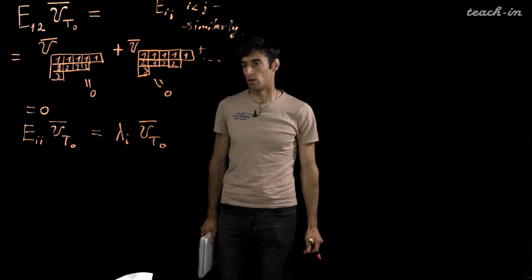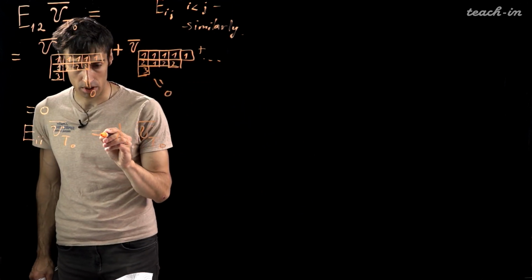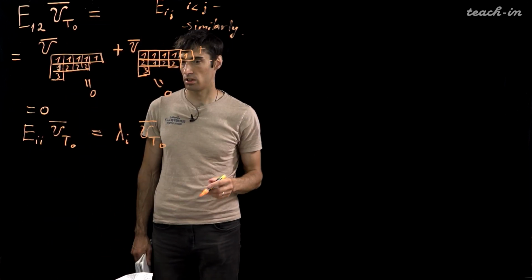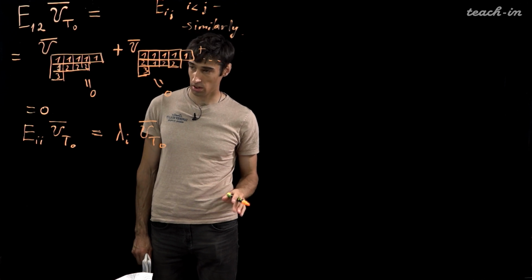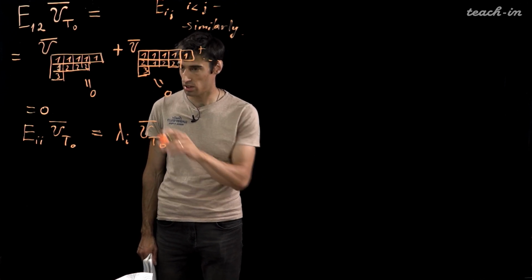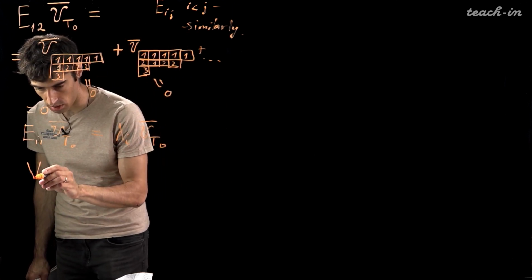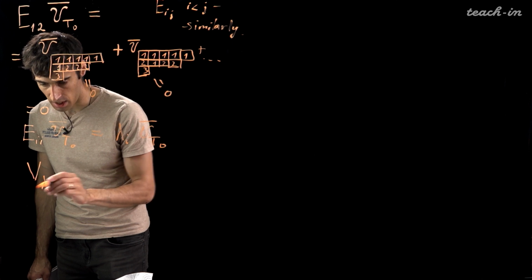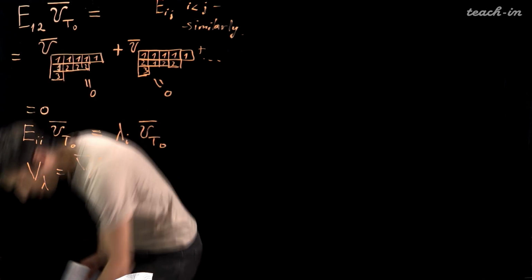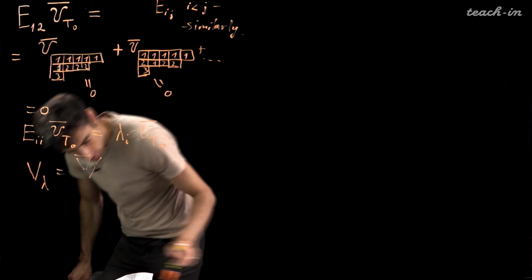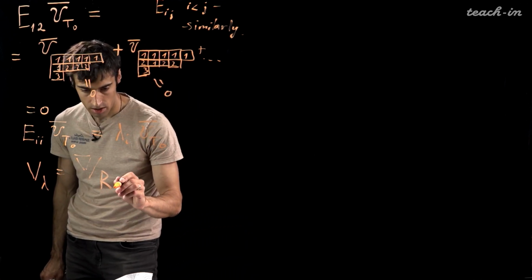Okay, so let me maybe remark at the end why this v_t0 is not 0. It's not so easy to see, but if it's not 0, then we know that, okay, let me actually denote V lambda to be V bar quotient by R lambda.